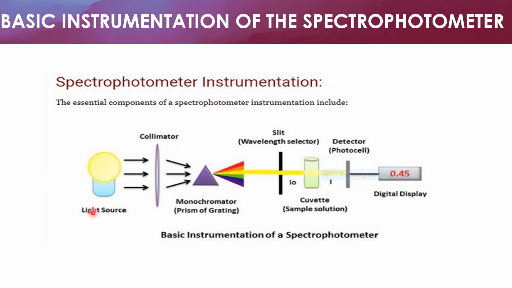Again, the light source, the lens, the monochromator, which is either made of prism or grating, the slit and the wavelength selector are the components of the spectrometer, whilst the photocell and the digital display board or meter form the components of the photometer.